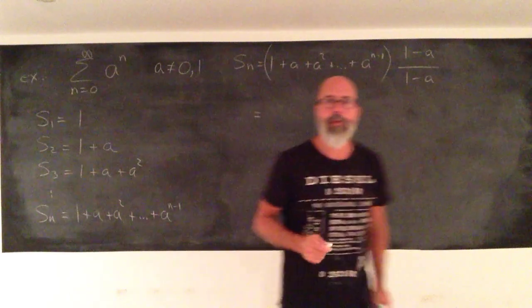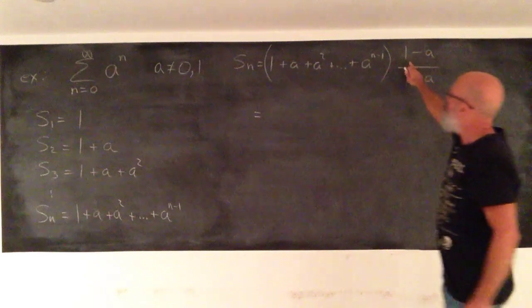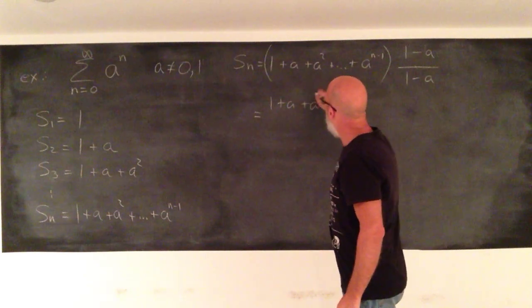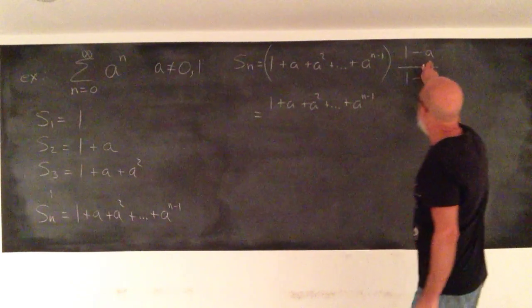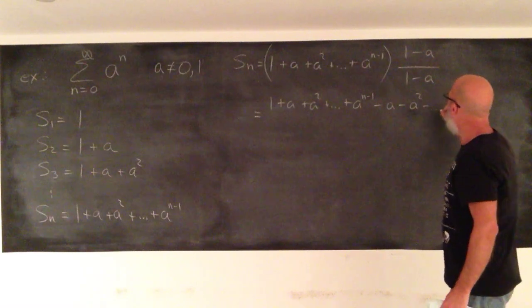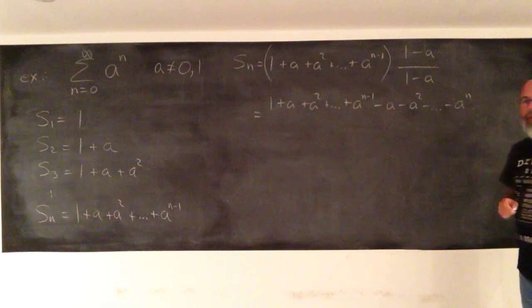And what happens if we multiply by this? Well, let's multiply by 1 again. So you get this whole thing, and then minus A squared all the way to minus A to the n.